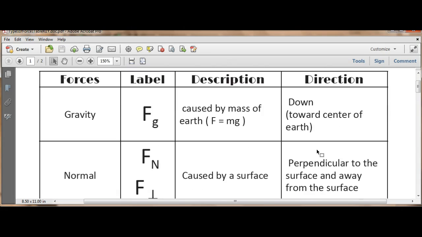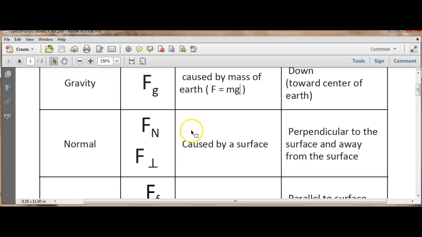Okay, our next one is the normal force. If I have a book, for instance, sitting on a table, and all I had acting on it was gravity, that book would literally fall through the table. The reason it doesn't fall through the table is there's a normal force of the table pushing back up on the book. The symbol for it is either Fn for normal or F with a little perpendicular sign.